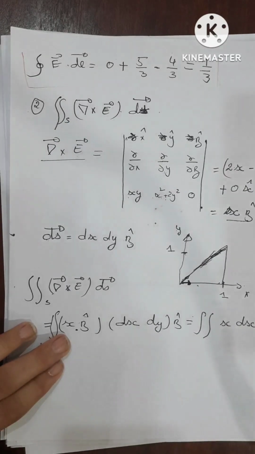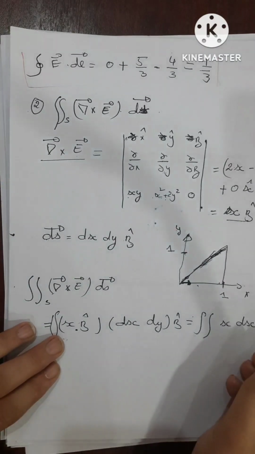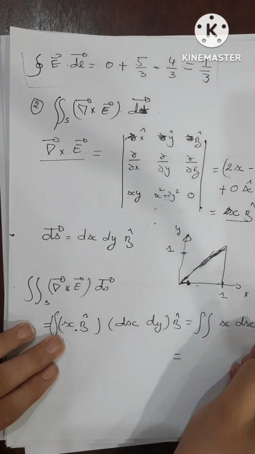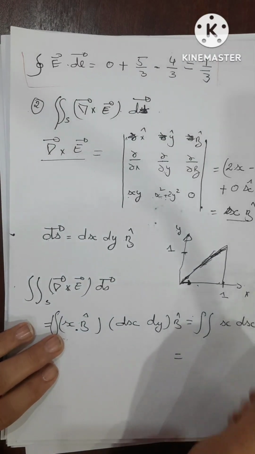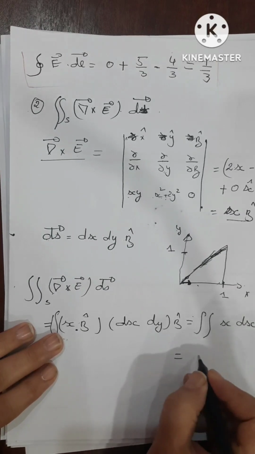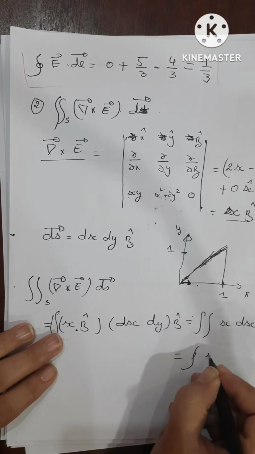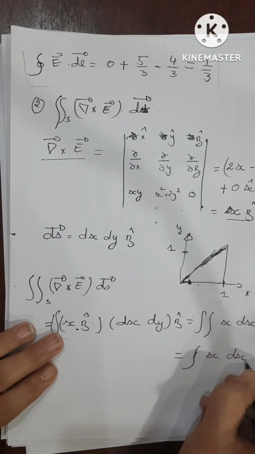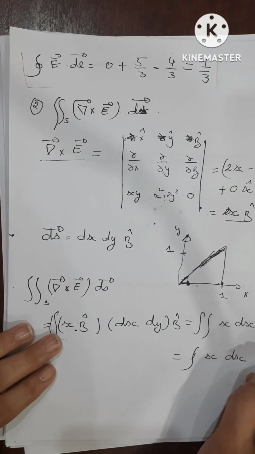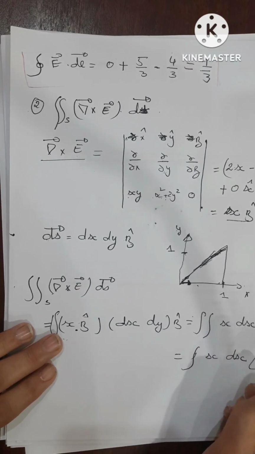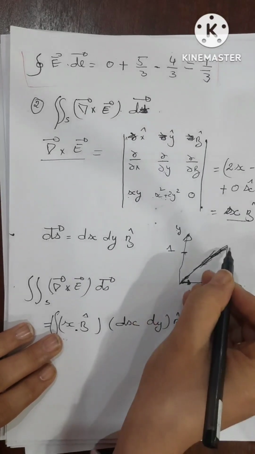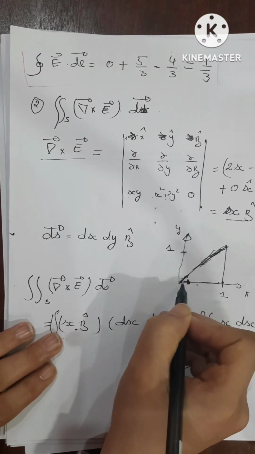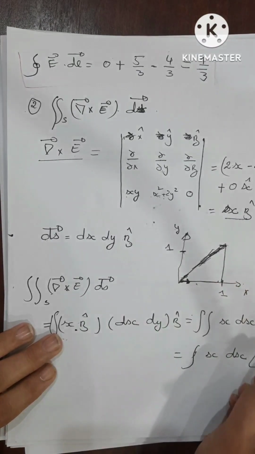We said that y is a function of x, so I have to find the integral of dy first, so it is x dx times dy, with y from 0 to a function of x.